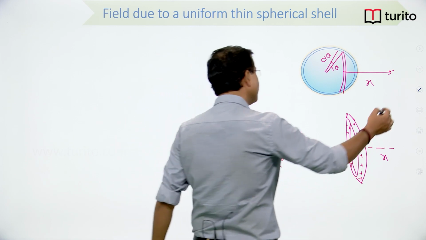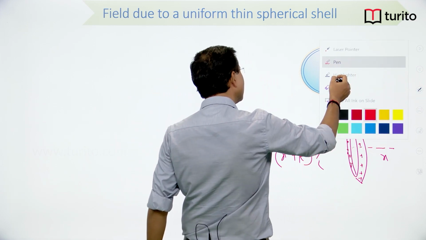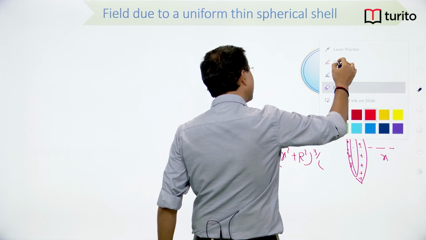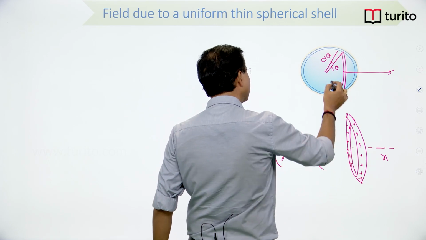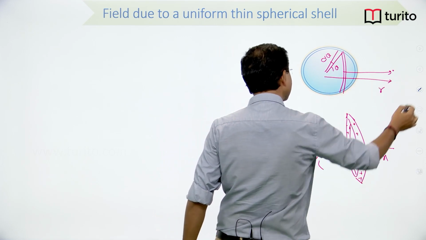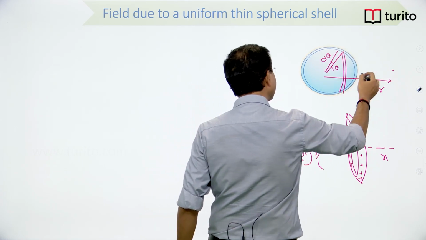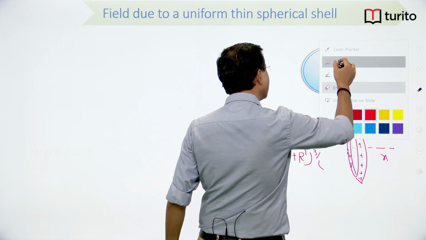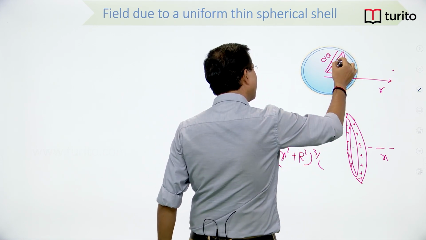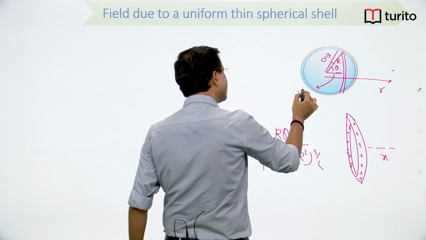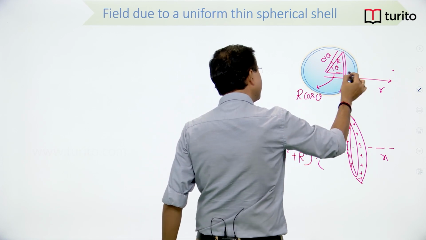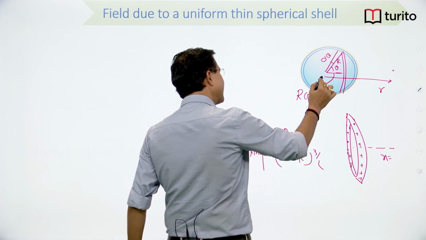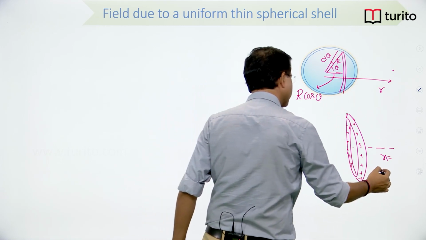Or if I am assuming this distance to be something, for example let us take this distance s, instead of defining the distance from the center of the ring, if I am assuming this distance to be r, then from the center of the ring, this is r, towards the angle this will be r cos theta, and this remaining distance, which we are writing x, is nothing but small r minus r cos theta.